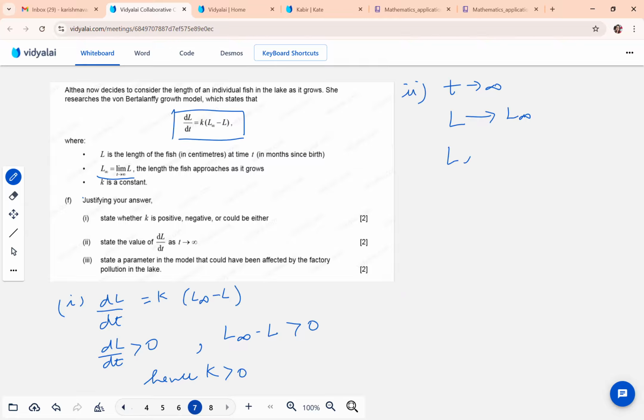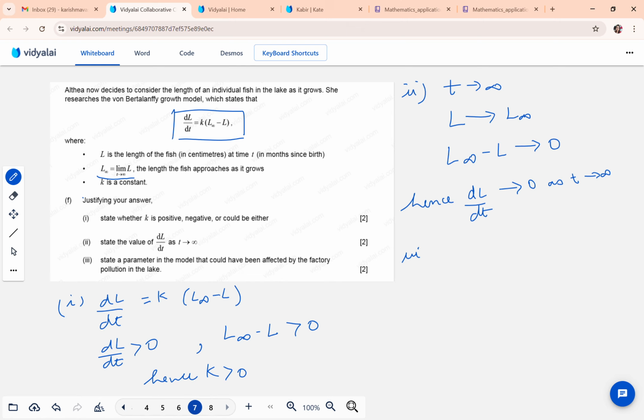So that shows that L infinity minus L will approach 0, because the difference will approach 0 as the values are becoming the same. So dL/dt will approach 0 as t approaches infinity. Here we are talking in terms of limits, that's why we are putting the arrow. That means it's going closer and closer to the value, it's approaching that.